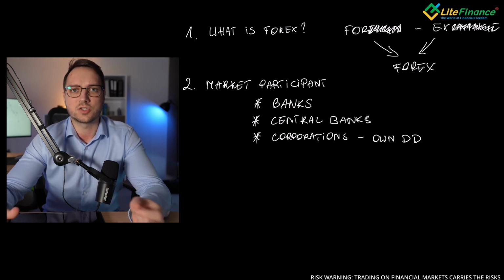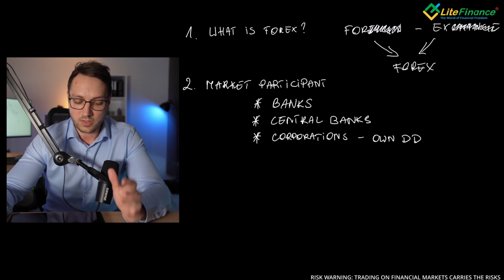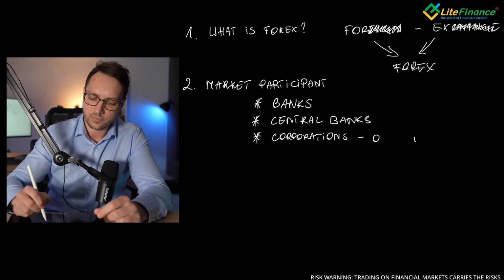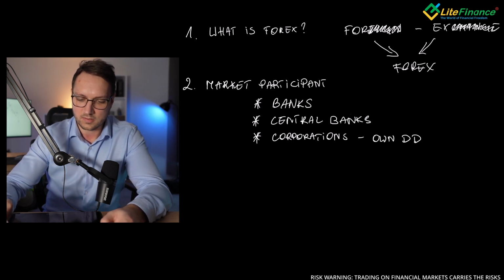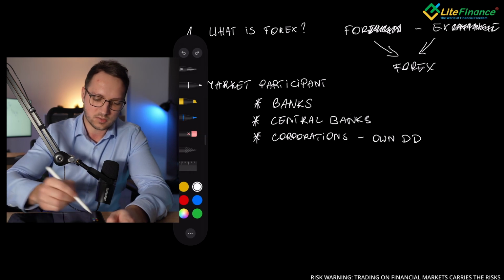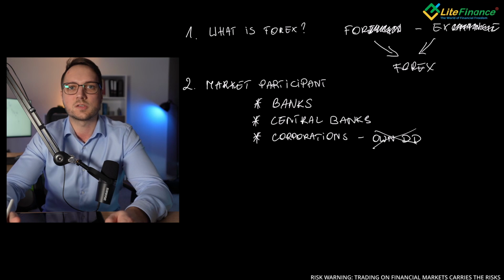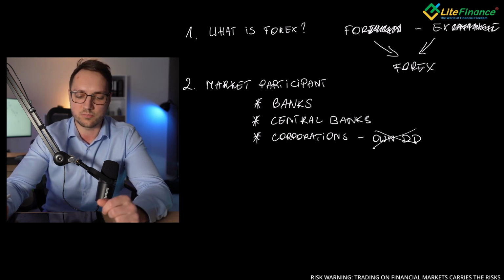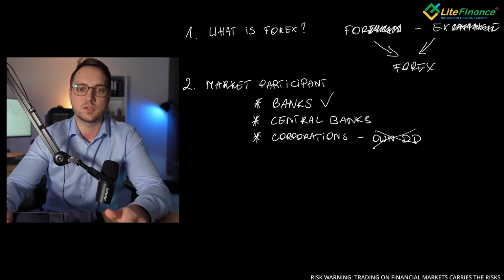They need to exchange their money in order to make a purchase from a foreign country. Recently, most often corporations don't have their own dealing desk, because it is just not cost effective, and they most often rely on banks to do this job for them.